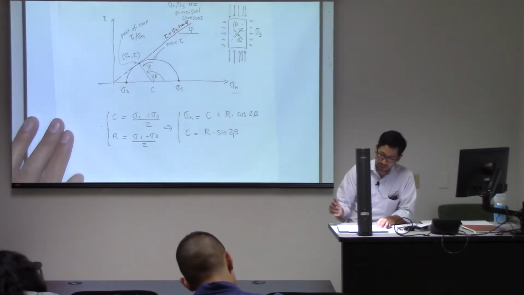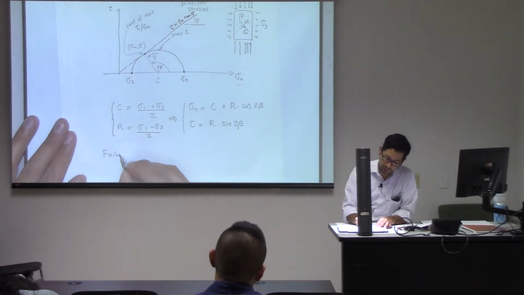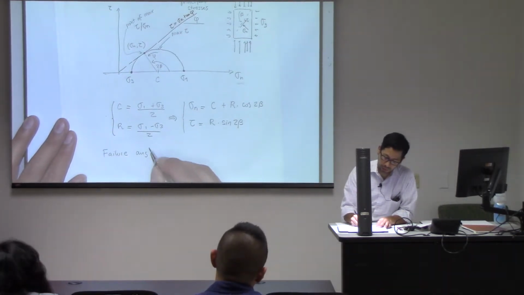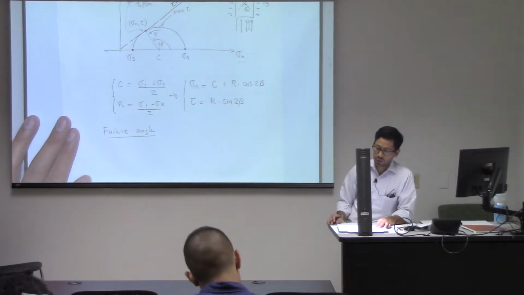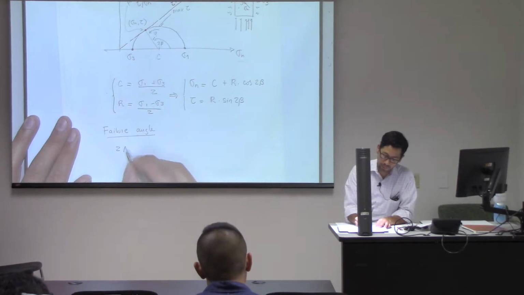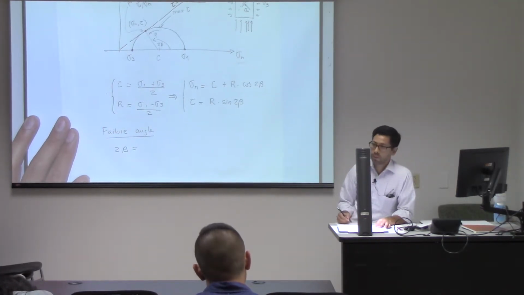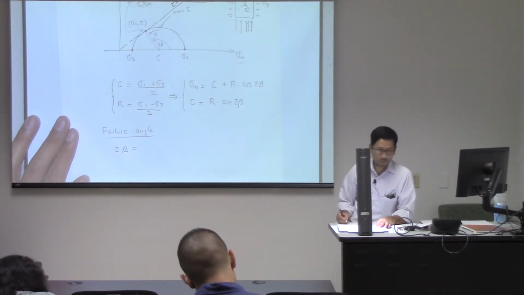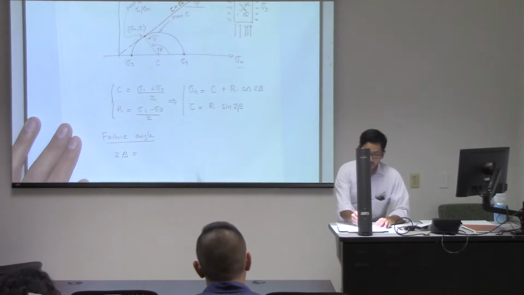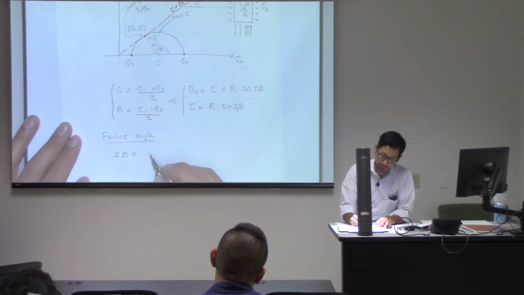And in that case, the failure angle is going to be, can you tell me what is going to be 2 beta? Can you see it from there? So this angle over here is going to be 90 degrees, right? So that's pi over 2.